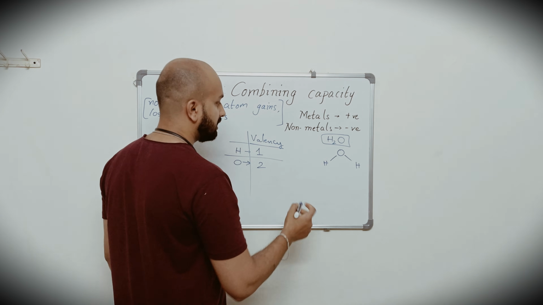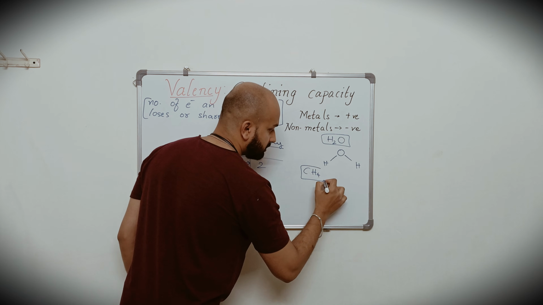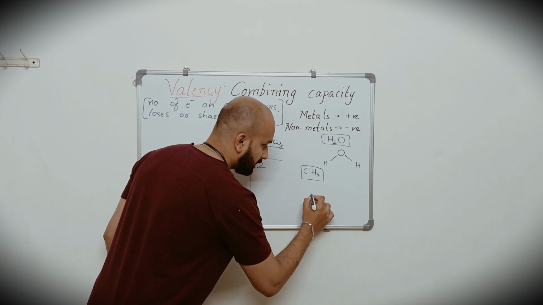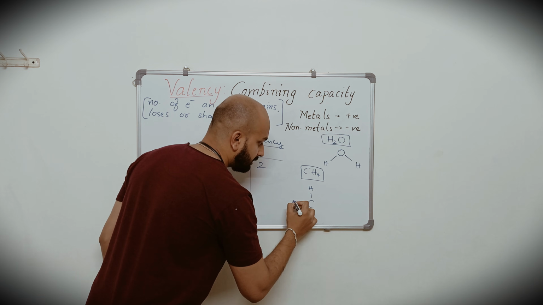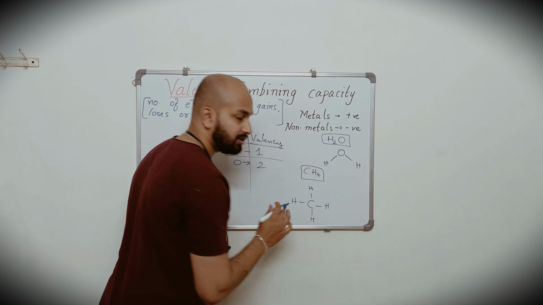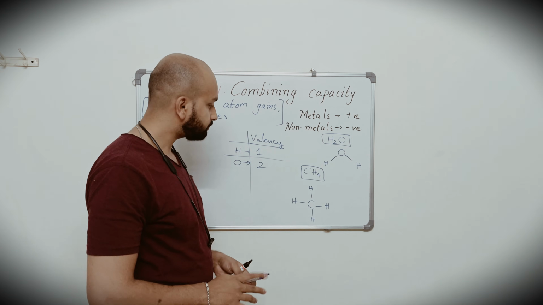Let me give you another example. There is a molecule called methane, which is CH4. This is how it can be written. This is not the exact structure of it, but for now you can write it like this.